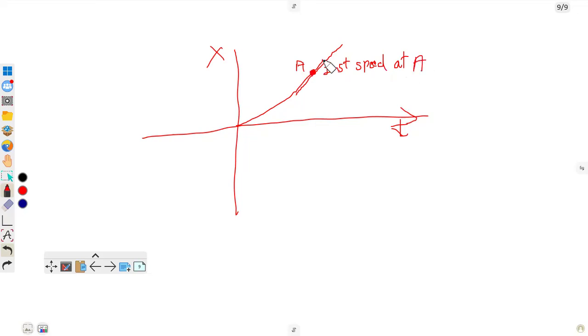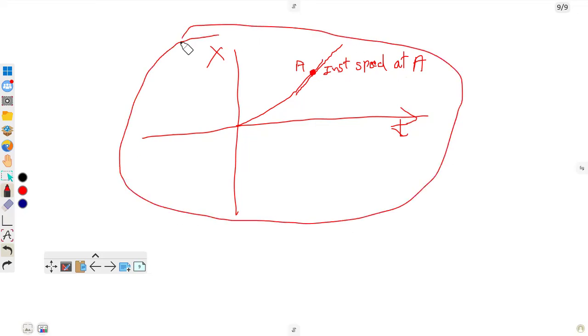I want you guys to reconstruct the proof at home, and I think that's enough. Let us take an example.